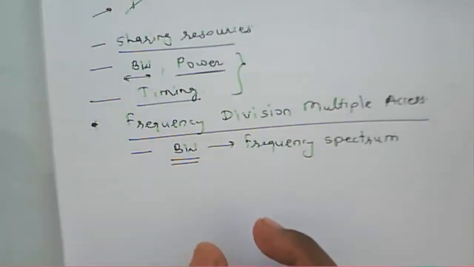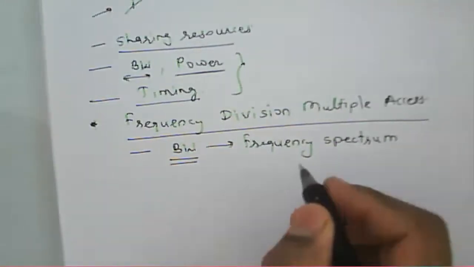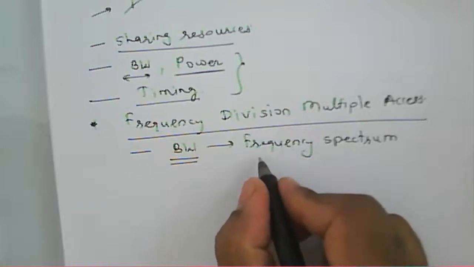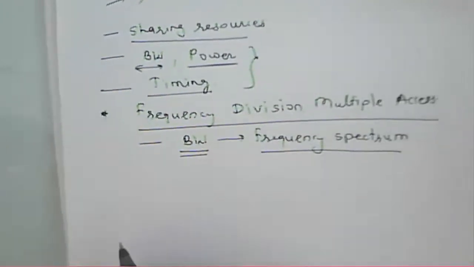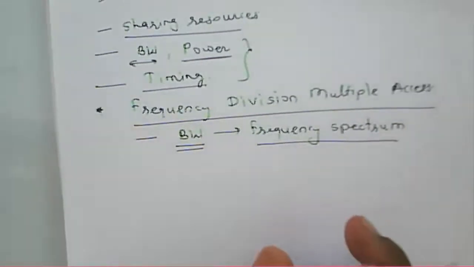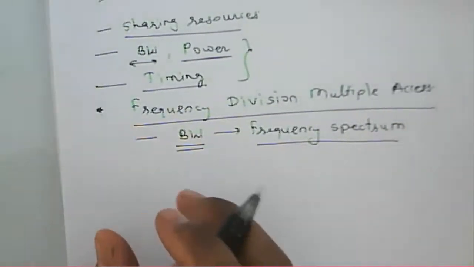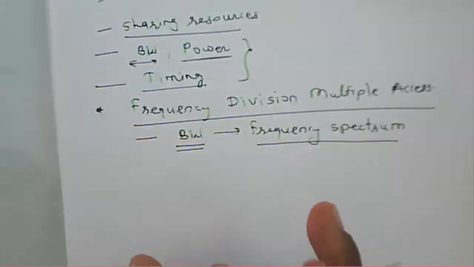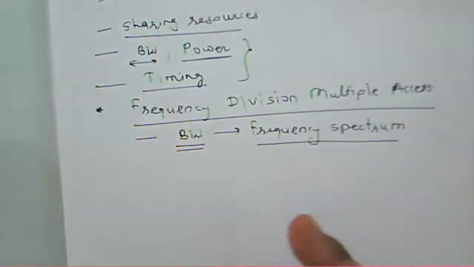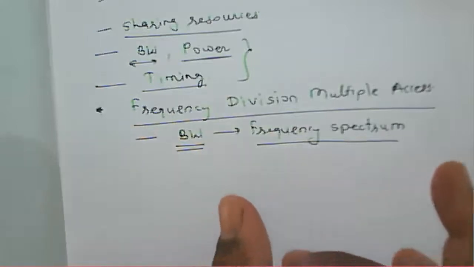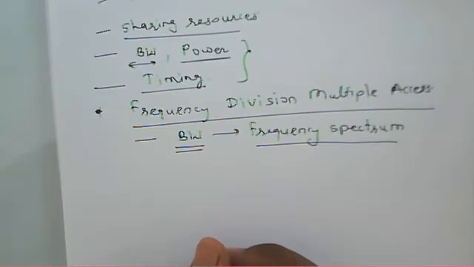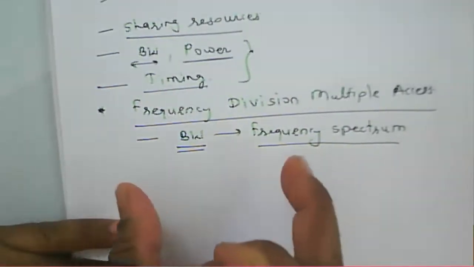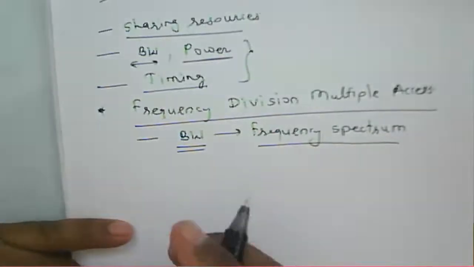Right now, if you see mobile communication in 4G, they have allocated some particular frequency spectrum or bandwidth. That is nothing but a constant to operate the various channels in that particular bandwidth. Now how will multiple users use that frequency spectrum?